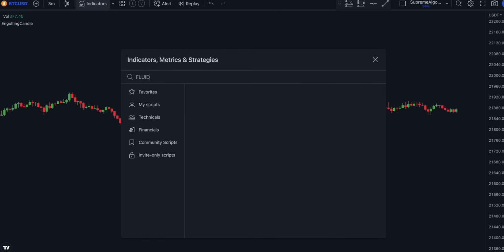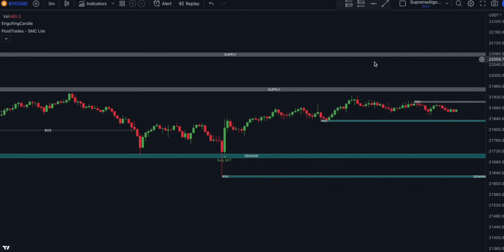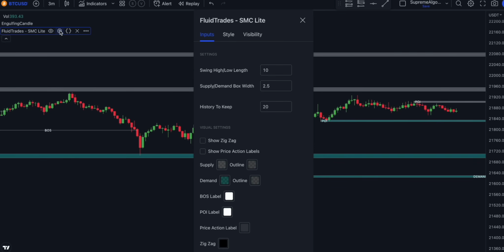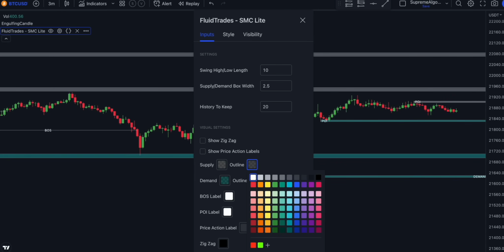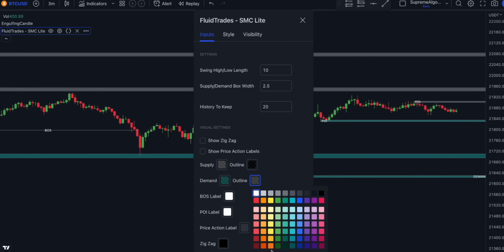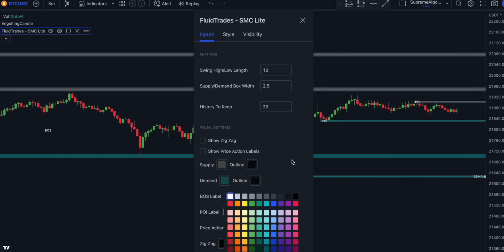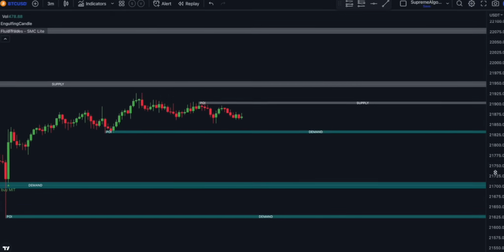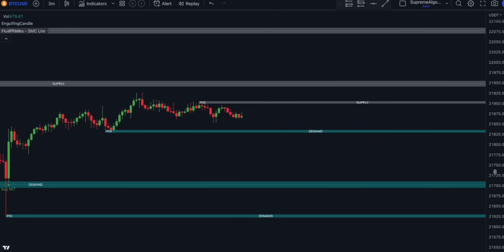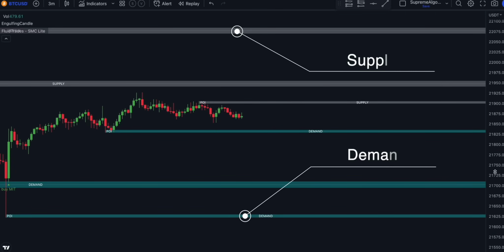For that, access the indicators again and search for Fluid Trades SMC by PMGIF. The next step is to open its settings and hide everything except support and resistance levels. The Fluid Trades SMC indicator plots key levels on the chart by showing the areas of supply and demand.